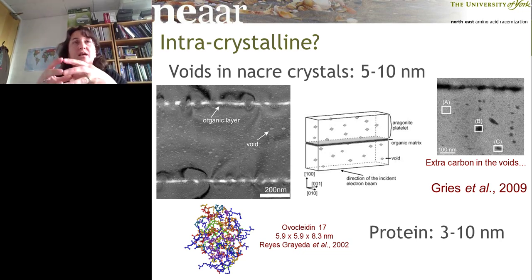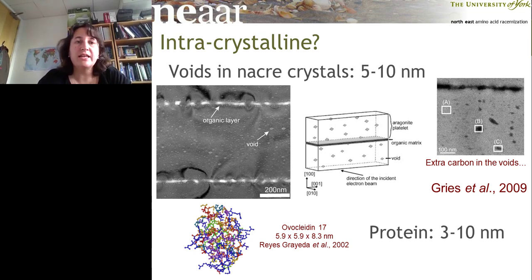So up to this point, up to 2009, all of this intra-crystalline work was very theoretical. It was based on being able to chemically bleach the material and continue to bleach it and never be able to remove all the protein.